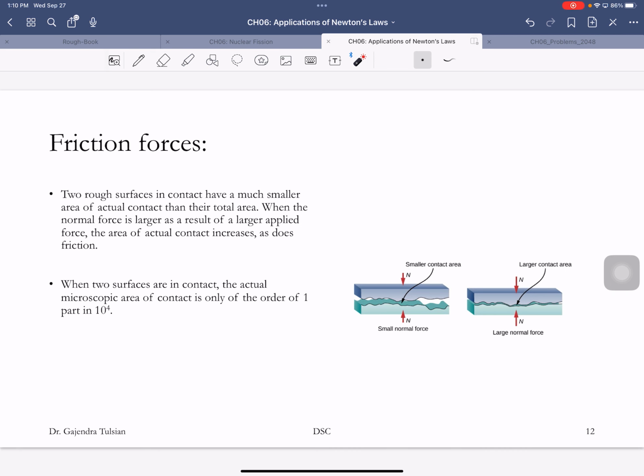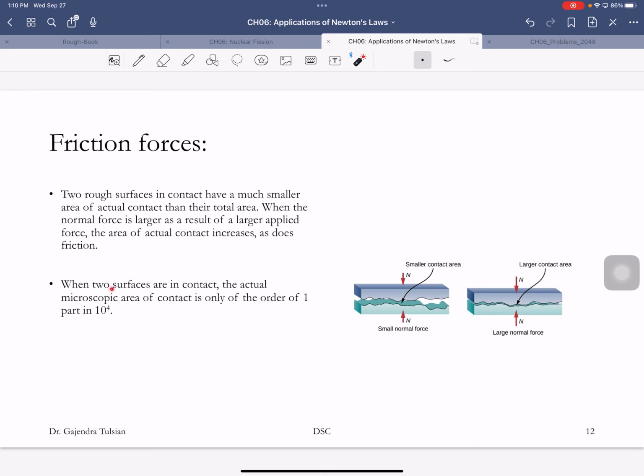Here's an interesting fact. Two rough surfaces in contact have a much smaller area of actual contact than the total area. So the actual contact area is what matters. In fact, the friction force is essentially independent of the surface area.